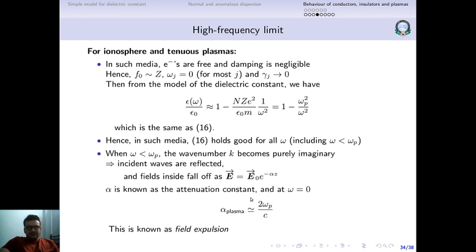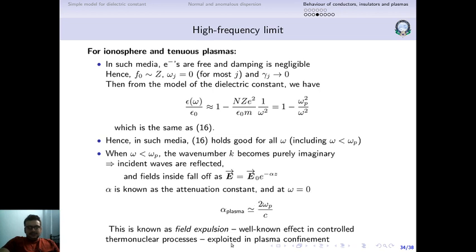It means most of the field is going to get expelled out of the plasma. That's why it's known as field expulsion, and this is an effect of controlled thermonuclear processes. It is also exploited in plasma confinement. I'll not really go into these because I think this will be covered in your course on plasma physics.